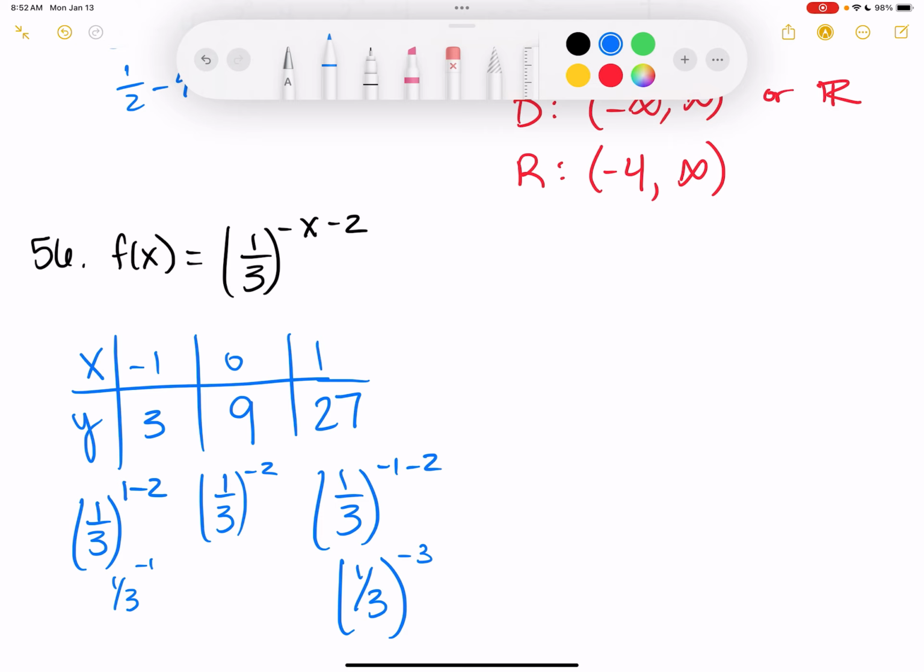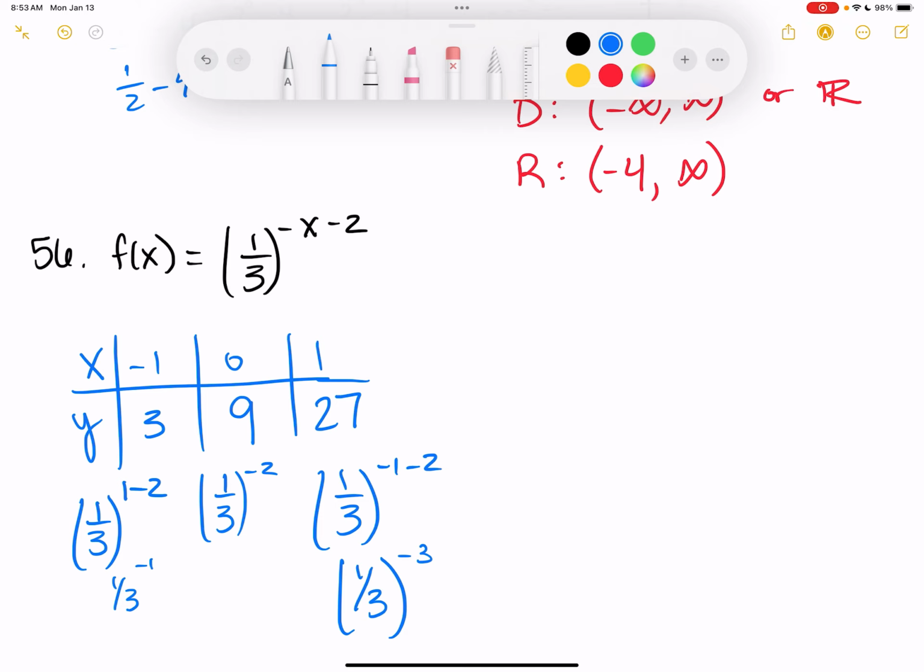I could use a different set of numbers here as far as the table goes, or I could maybe backtrack and go over and try -2, because when I put in a -2 here for x, what's going to end up happening? Yeah, which would then give me 2 minus 2, which is 0.